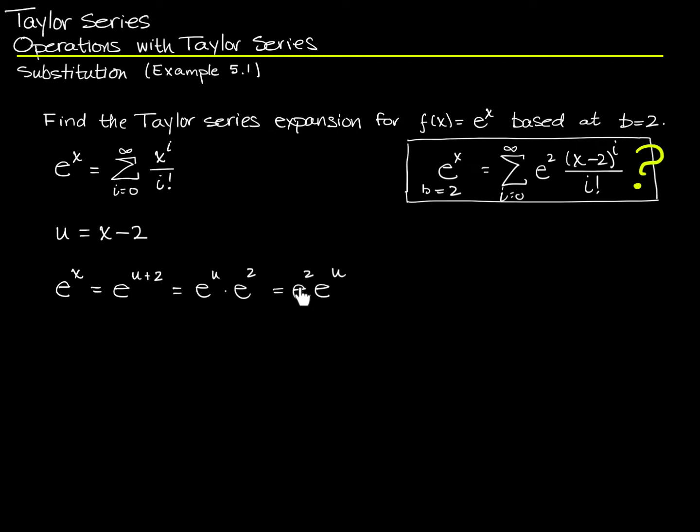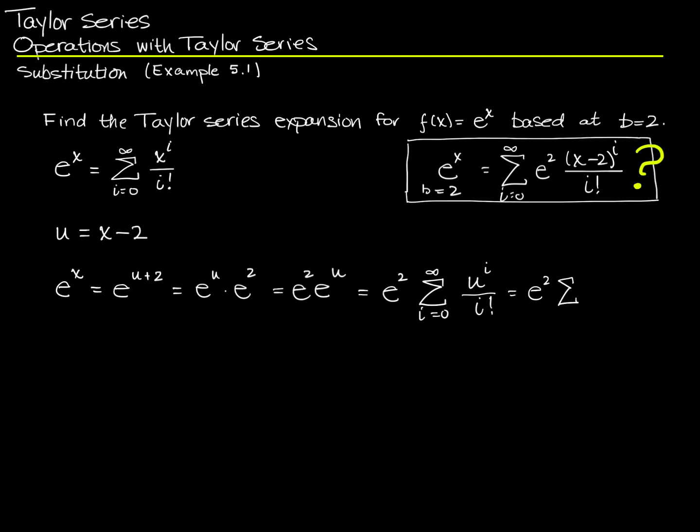Now, e to the 2 is just a constant, but e to the u can be written as, because we know it's equal to its Taylor series, e to the u can be written like this: the sum as i goes from 0 to infinity of u to the power of i over i factorial. But what is u? Well, it's just x minus 2.